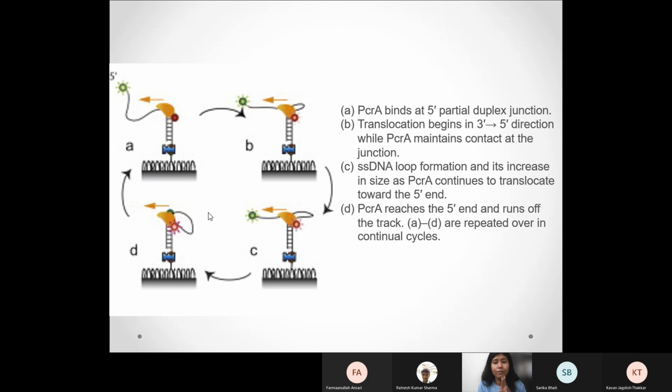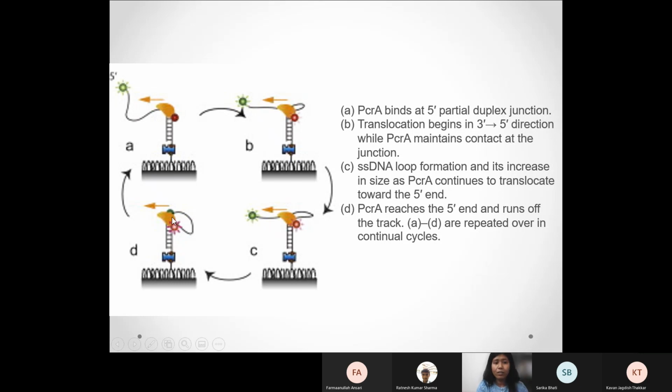PCRA का जो ये activity है, in vitro, जब आप अलग से सिर्फ PCRA को देखते हैं, ये बहुत low है. Inside the cell, when it is in combination with other proteins around it, then its processivity increases. So if you're just looking at PCRA molecule, इसका processivity कम है. इसी वजह से at the time it reaches the end of the 5' end, it simply falls off.